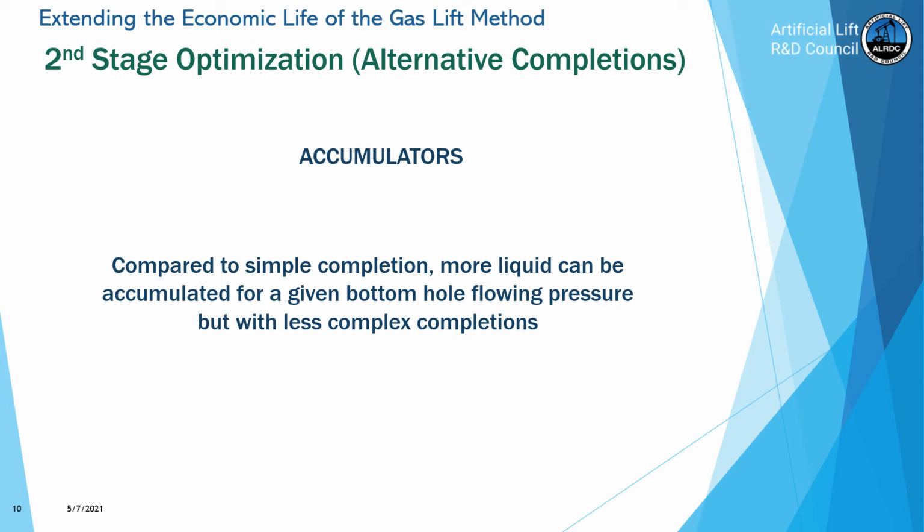Now let's look at accumulators. They're a very simple type of completion. Compared with simple completion, more liquid can be accumulated for a given bottom hole flowing pressure, but with less complex completions.